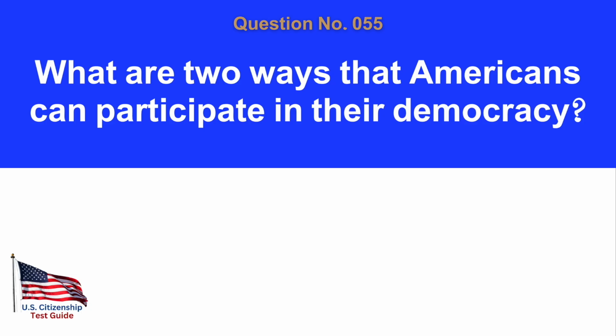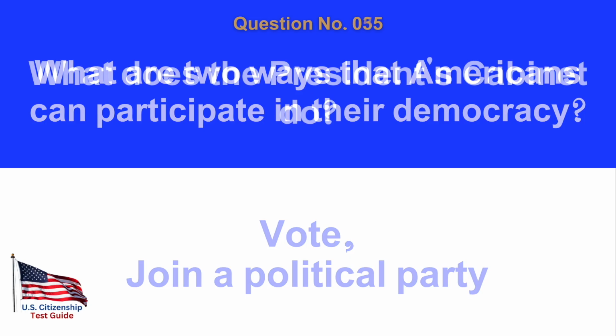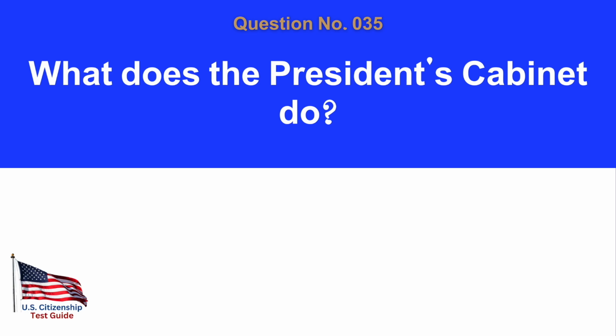What are two ways that Americans can participate in their democracy? Vote. Join a political party. What does the President's Cabinet do?